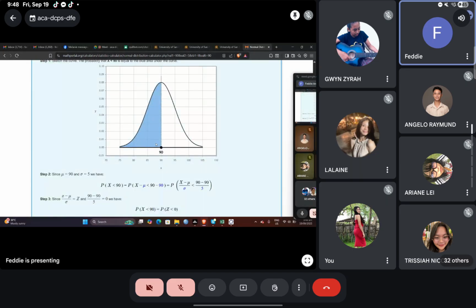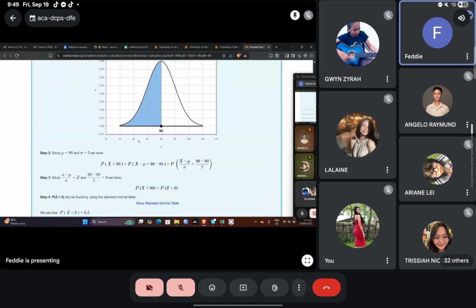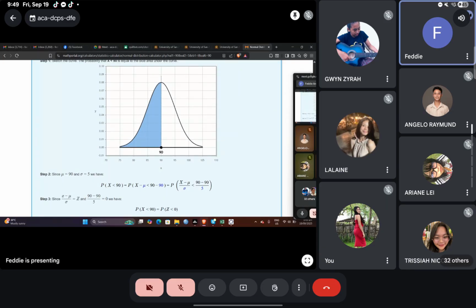As you see here, the result is 0.5. It's good to use the normal distribution calculator because it will also show you the steps on how it is solved. The formula this application uses is what we call the standard normal distribution. Okay, questions so far?